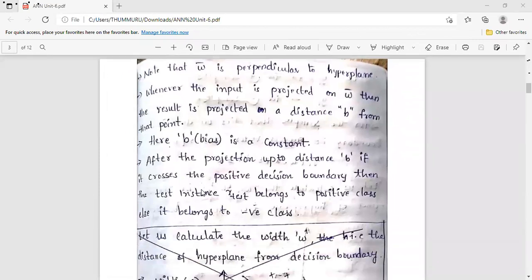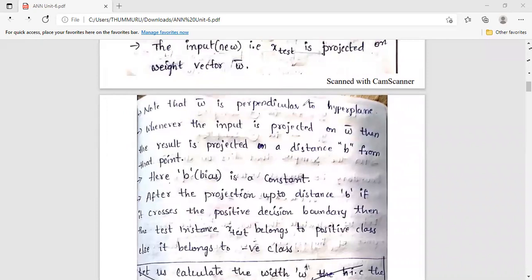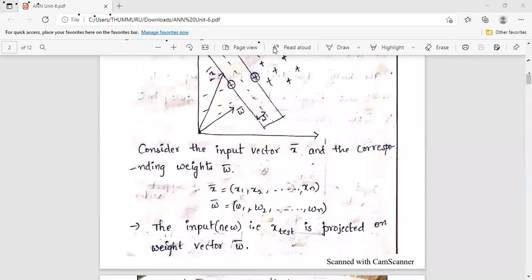Then note that w bar is perpendicular to the hyperplane. It is always perpendicular to the hyperplane. See, this is the hyperplane line.